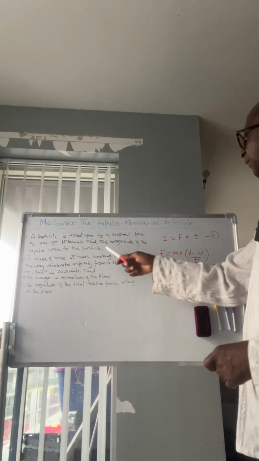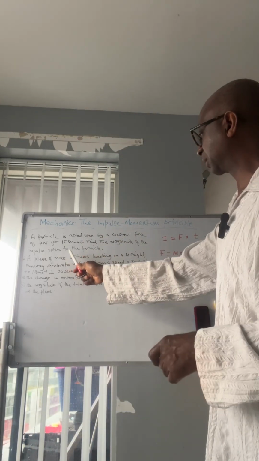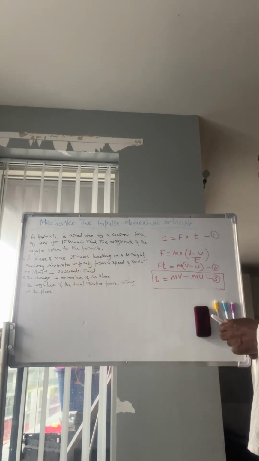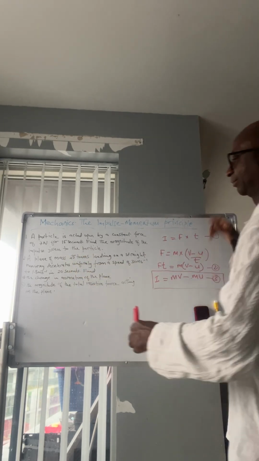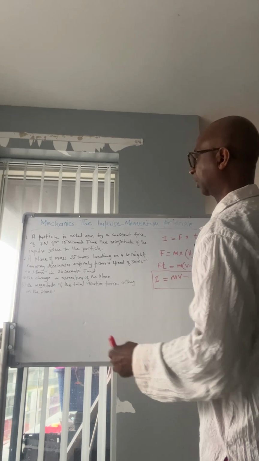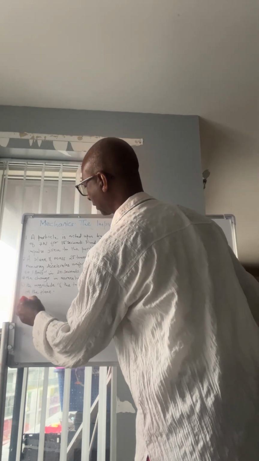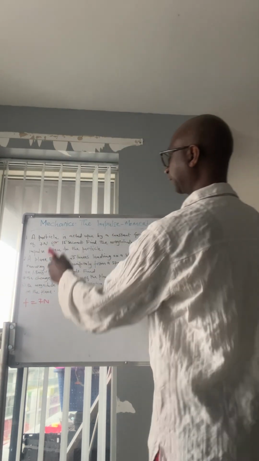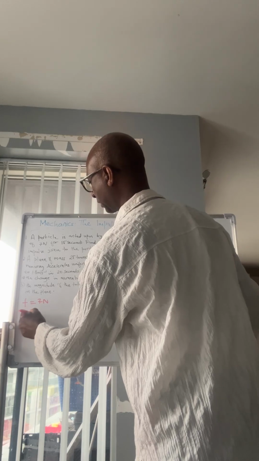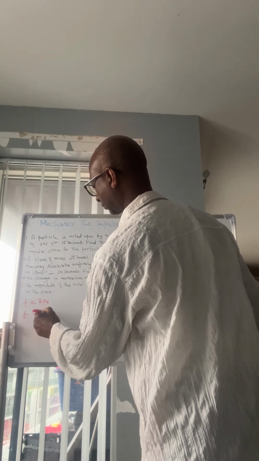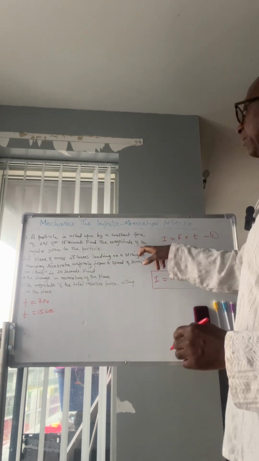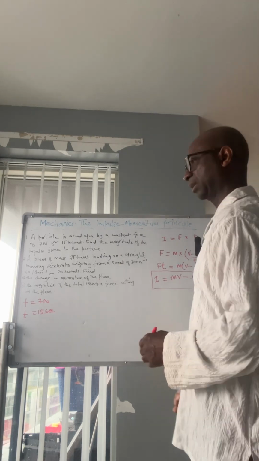Find the magnitude of the impulse given to the particle. So, a particle is acted upon by a constant force. The force is 7 newtons, for 15 seconds, so time is 15 seconds. You are asked to find the magnitude of the impulse.